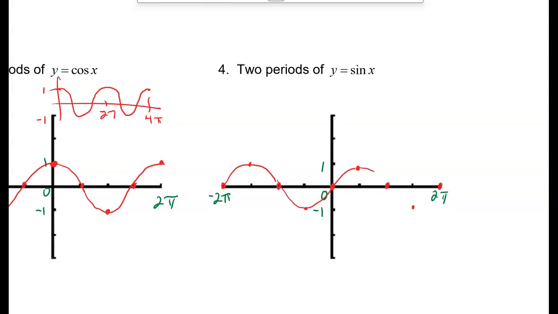How'd you guys do? If I was to ask you Thursday in class, and I just gave you 2 graphs, and I said, graph for me the sine curve, the cosine curve, could you do it from memory? That's how you got to get that good. You need to know it from memory. It's kind of like your unit circle.